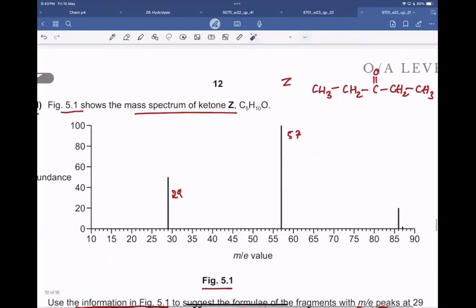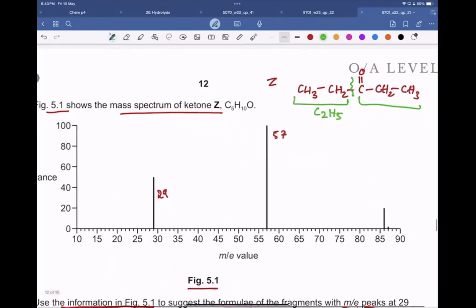If I break it from here, we get these two fragments. This fragment is C2H5. Calculate its mass: 2 carbon atoms make 24, and 5 hydrogens, so 24 plus 5 is going to be 29, right? So we are getting 29.